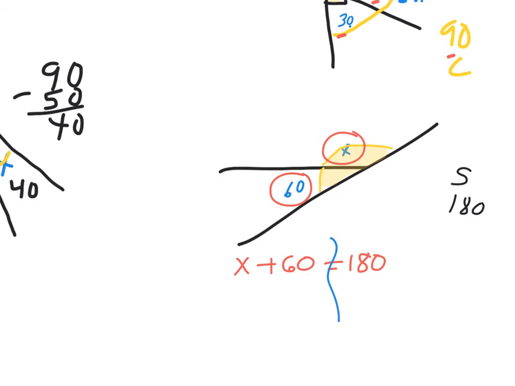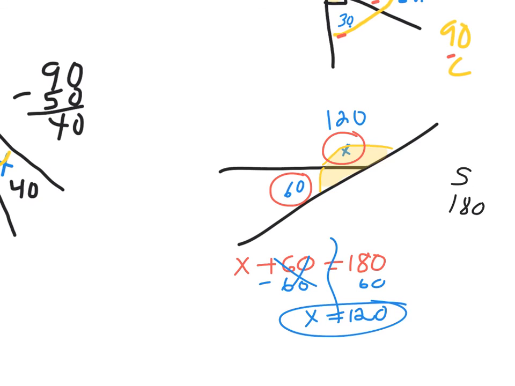And to solve that, just subtract 60 on both sides, and x will equal 120. Because, take a peek, 120 plus 60 equals 180.